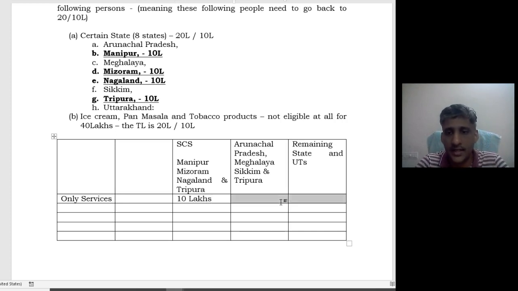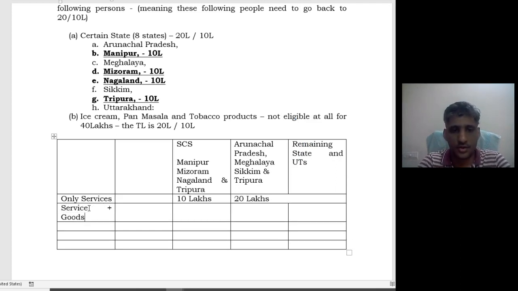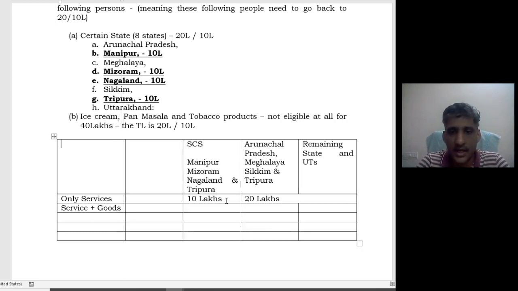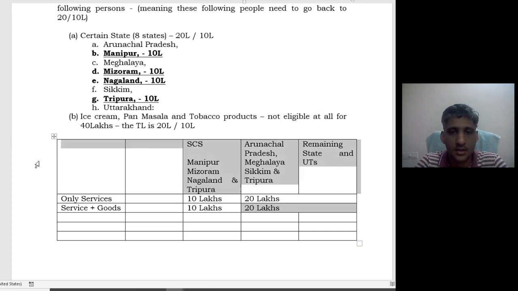For Arunachal, Sikkim, everything it is 20 lakhs. Only services. If it is service plus goods, that is both service and goods, then again it is 10 lakh and 20 lakh. Okay. Done.